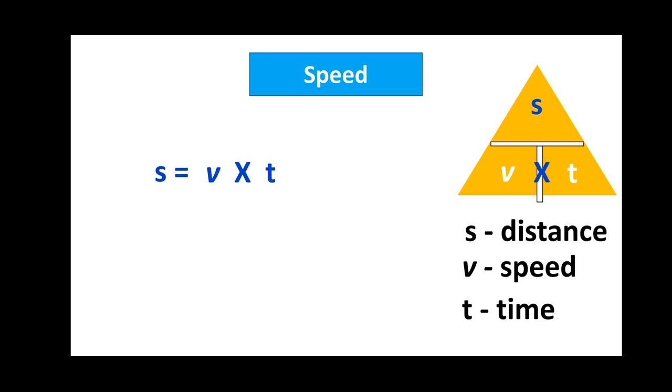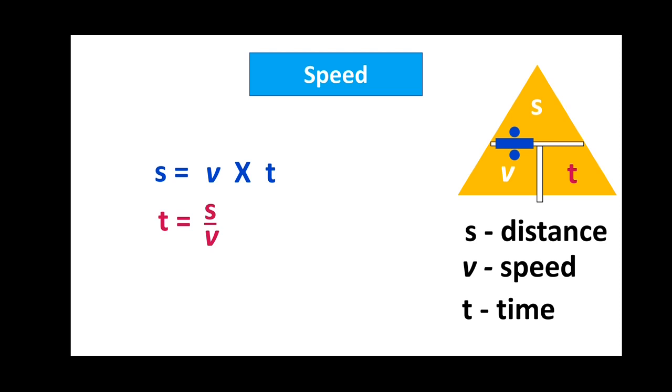Now using this triangle, we can find time. If we don't know how to find time from the formula, then you can use this triangle also. That is, from this triangle we can find the time like this: t is equal to s divided by v. So let us write that time t is equal to distance s divided by speed v.